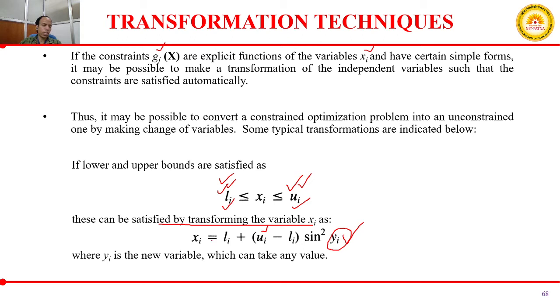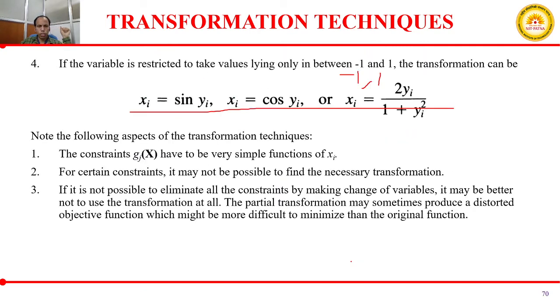Because x and y are already used, we will say yi equal to li plus ui minus li into sine square zi. Suppose we are taking a new variable, zi.